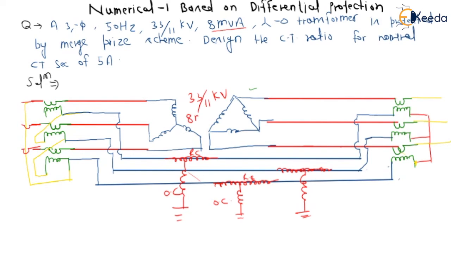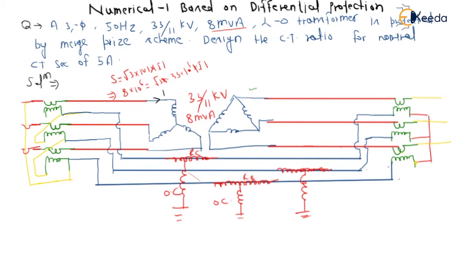The line current we can calculate with the formula S is equal to root 3 into V into I. So S is 8 MVA, that is 8 into 10 to the power 6 is equal to root 3 into 33 into 10 to the power 3 into I. When we calculate, the I value comes to approximately 140 ampere.